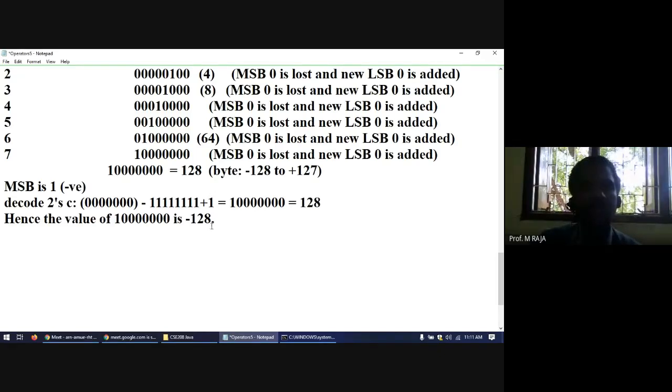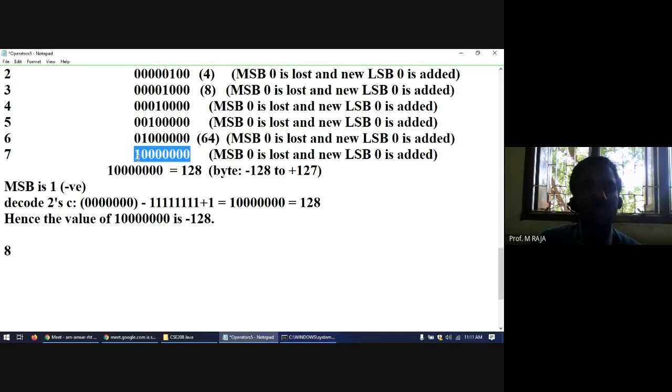You should understand very carefully. So in the 7th shift operation, the value of byte of x less than j becomes minus 128. Then in the 8th shift operation, the MSB is 1.